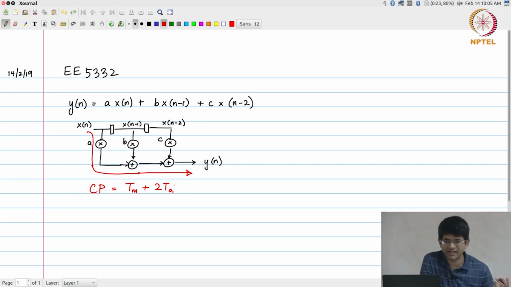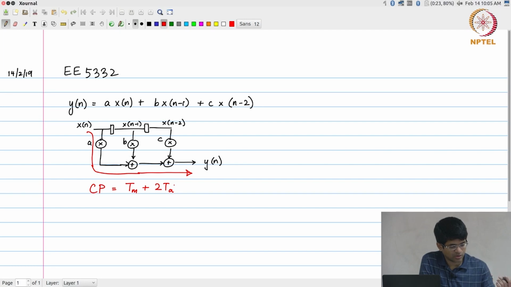If you have a finite setup time and a finite clock to Q delay associated with the registers, then those will also add to your critical path. But those are just implementation details, so I am going to skip those. Primarily the critical path is dominated by the multiplier time and the two adders that are in series.